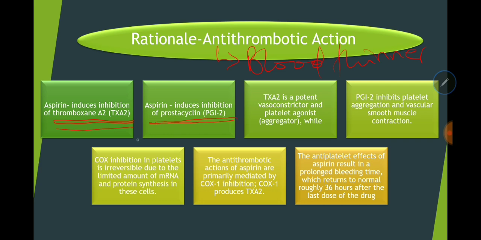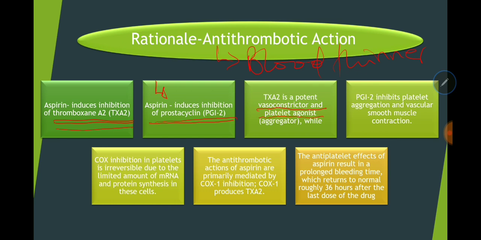Thromboxane is inhibited. Thromboxane is a potent vasoconstrictor and platelet agonist.